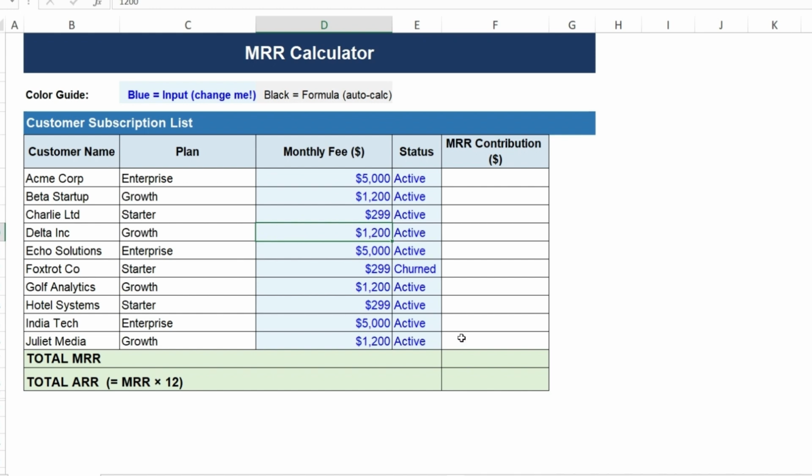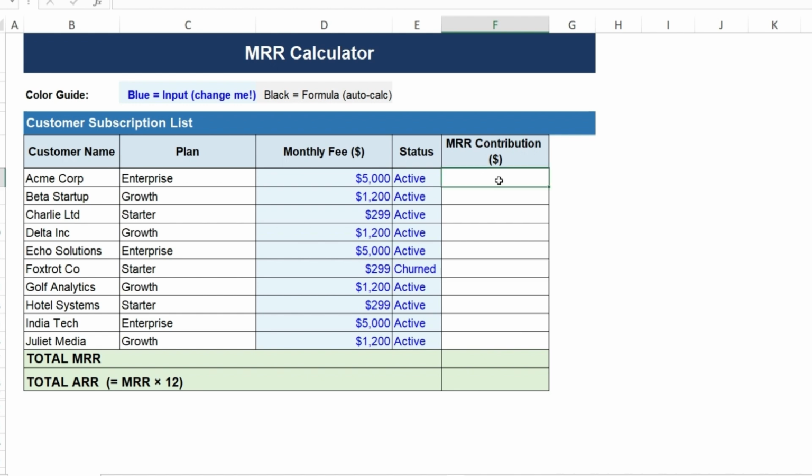So basically, what we have to do here is, if the status is active, there will be an MRR contribution in that particular month. But if the status is churned, that means the subscriber has left the firm and is no longer purchasing our services. In that case, we have to put a zero here.